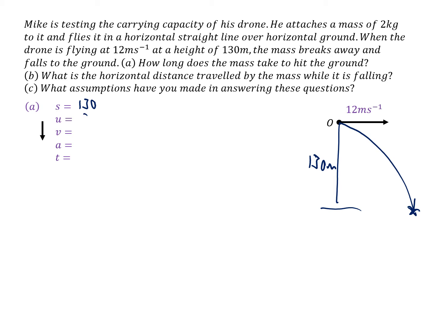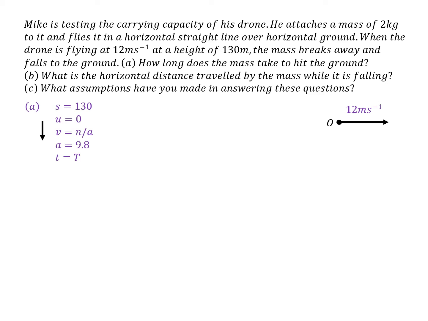The initial velocity is 0. We're not interested in the final velocity. And the acceleration is 9.8. That's in the same direction as the positive direction that I'm taking here. And if I call the time that I'm looking for capital T, then those are the values that I've got for SUVAT.